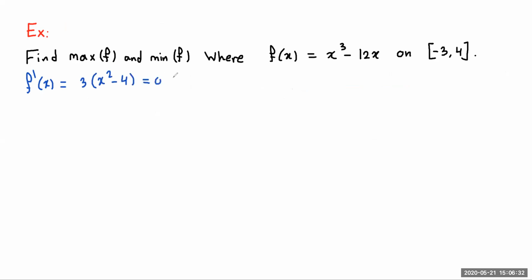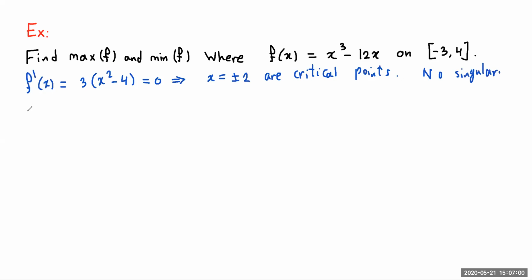Let's put it equal to 0 to find the critical points. So we will have x equal plus or minus 2. Because this derivative always exists, there are no singular points. So these two points are critical points, and no singular points.